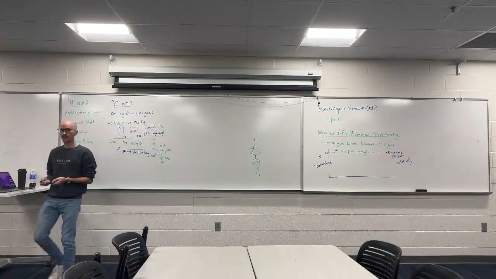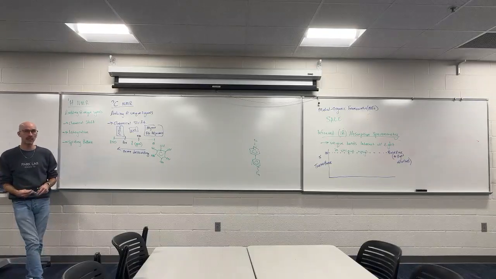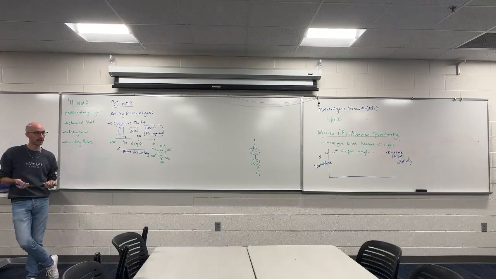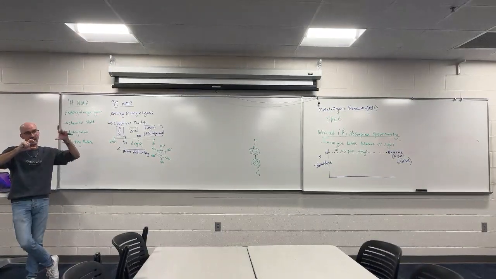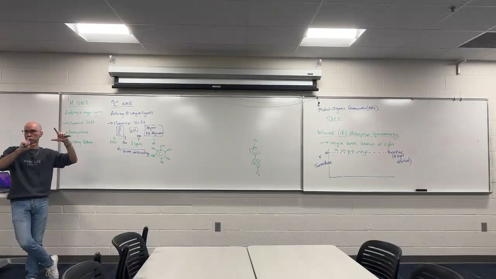Remember that light, electromagnetic radiation, can interact with electrons. It can transfer that energy to electrons. But it can only transfer energy to electrons if the exact energy of the light matches an exact transition of that electron energy. That's quantum mechanics.